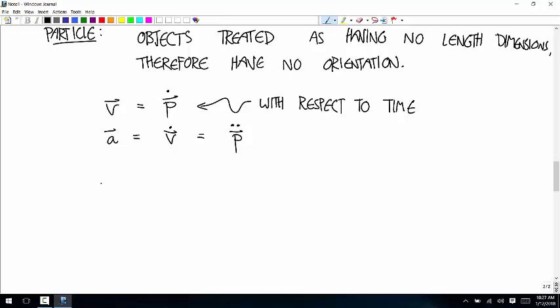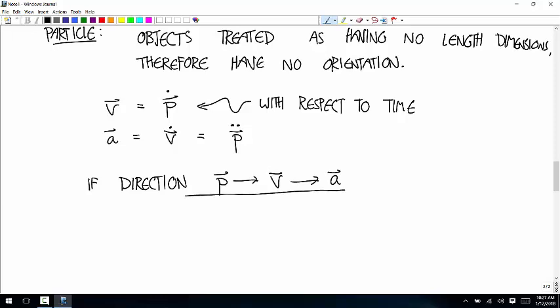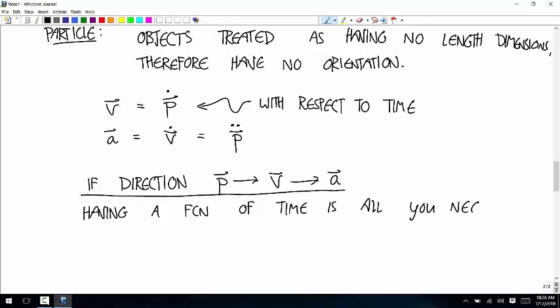If you're going in the direction from position to velocity or velocity to acceleration, having a function of time is all you need. Just take the derivatives.